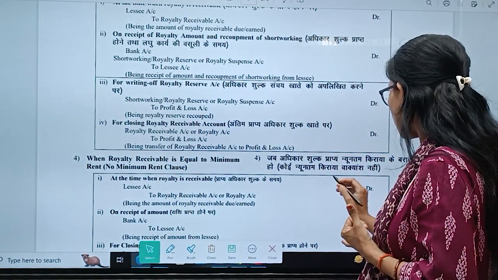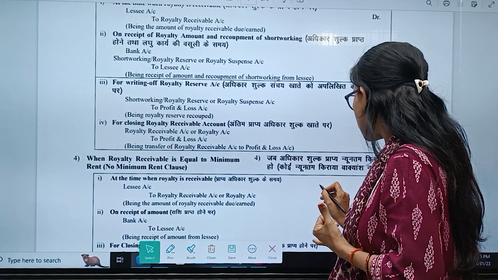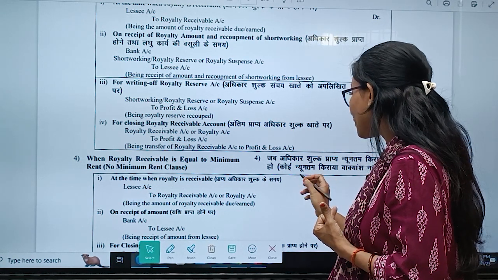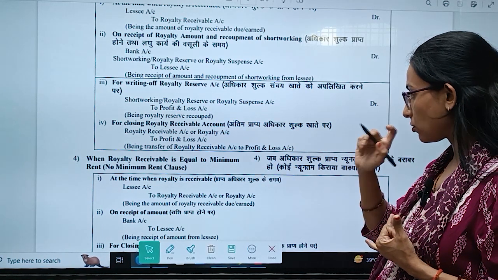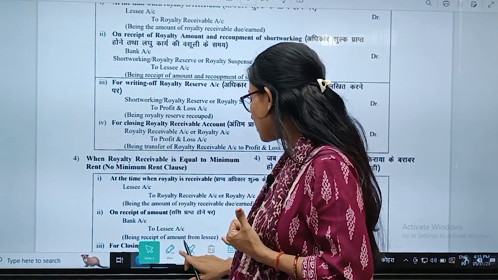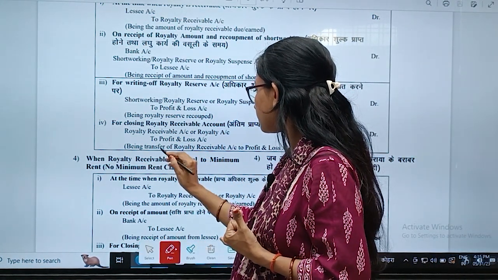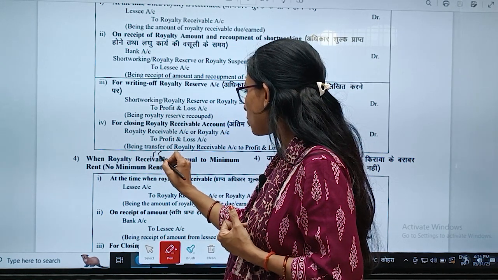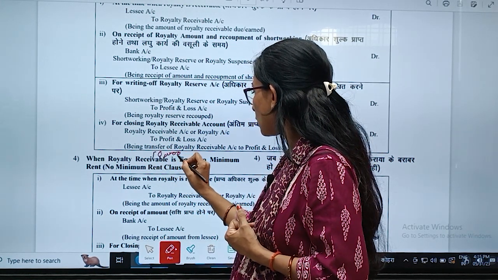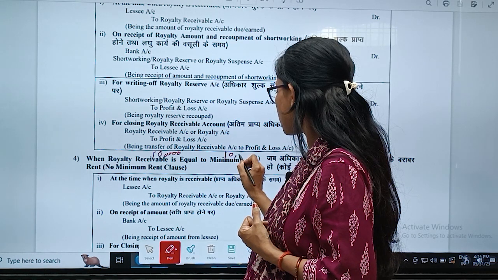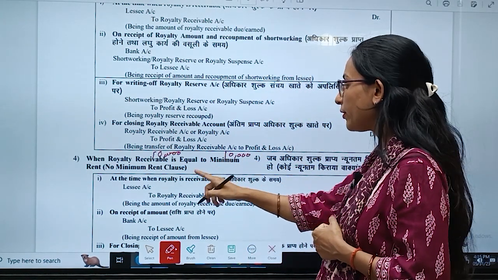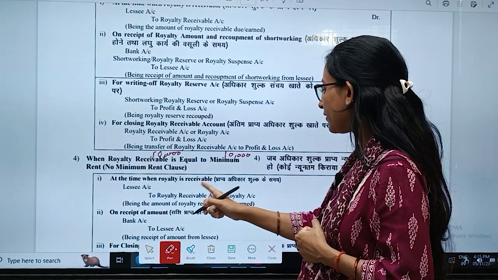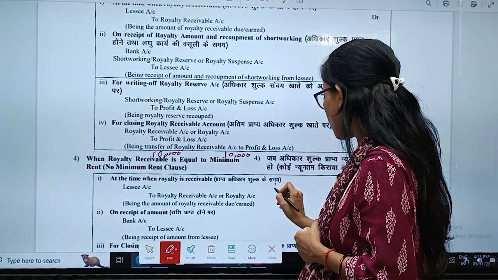The royalty amount and the minimum rent are both equal, both are 10,000 rupees. Royalty receivable is 10,000 and minimum rent is also 10,000. So the due entry will be lessee account debit to royalty receivable, 10,000.